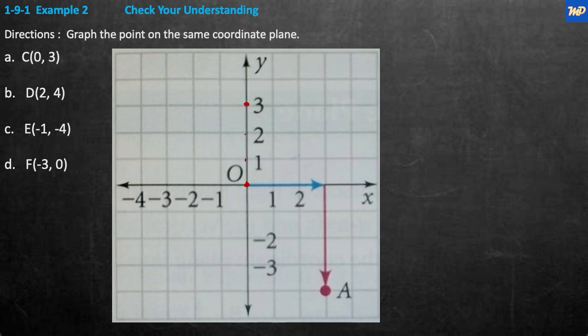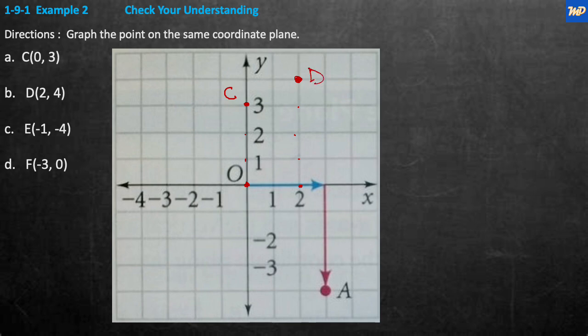This is point C. Now let's do point D. Point D is 2 comma 4. X is 2, y is 4. So we're going to go plus 2 on x and plus 4 on y. 1, 2, 3, 4. Right here is point D.